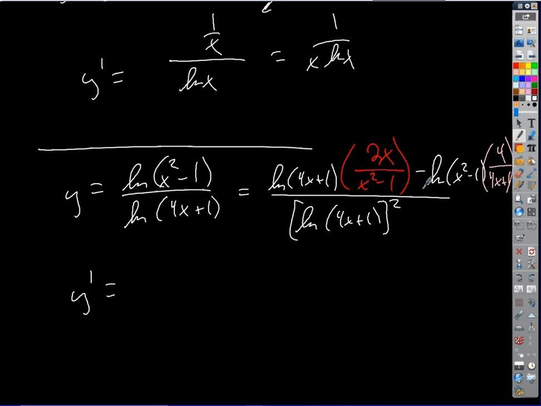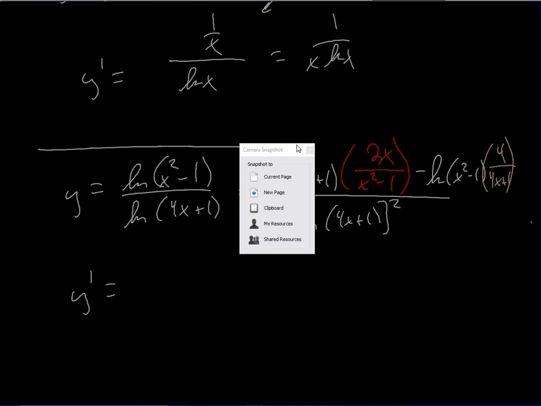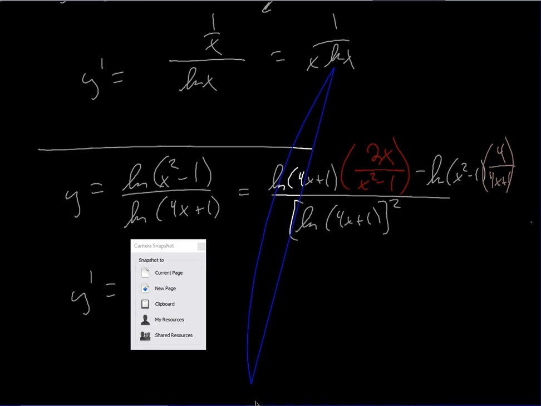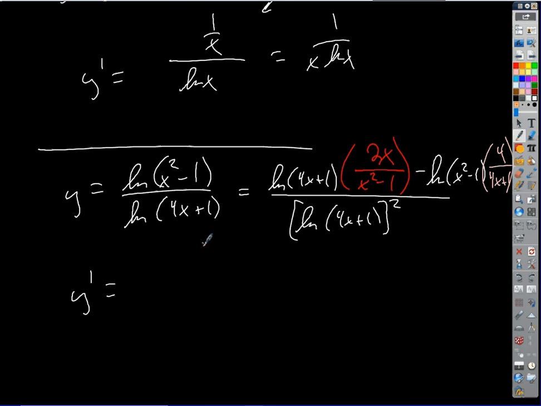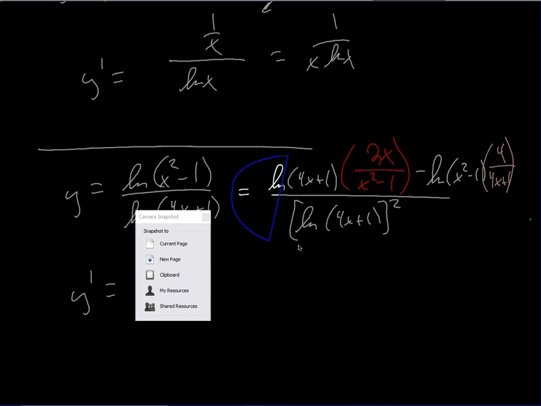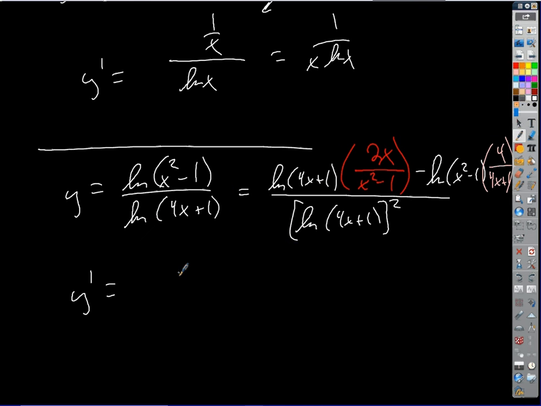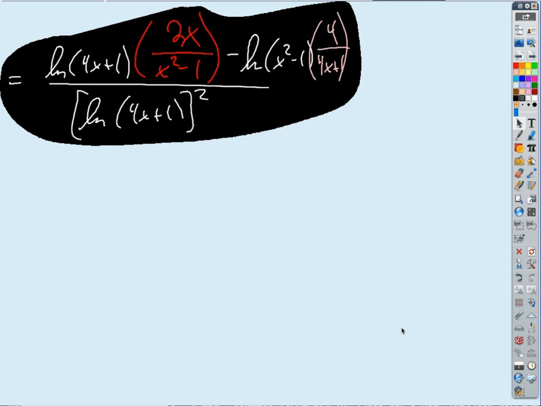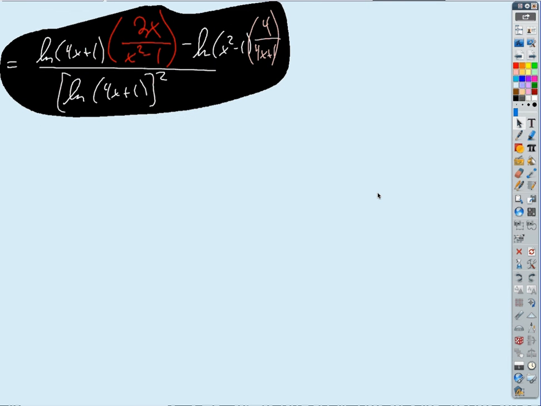So on the top, let me go to the next page. So, I mean, this is getting pretty bad.